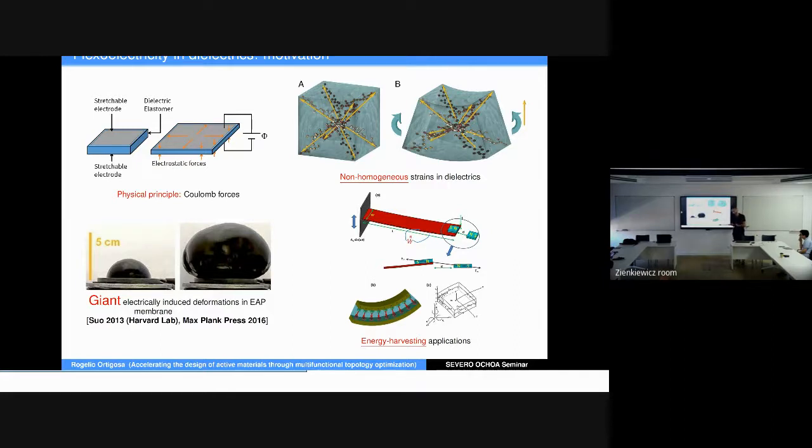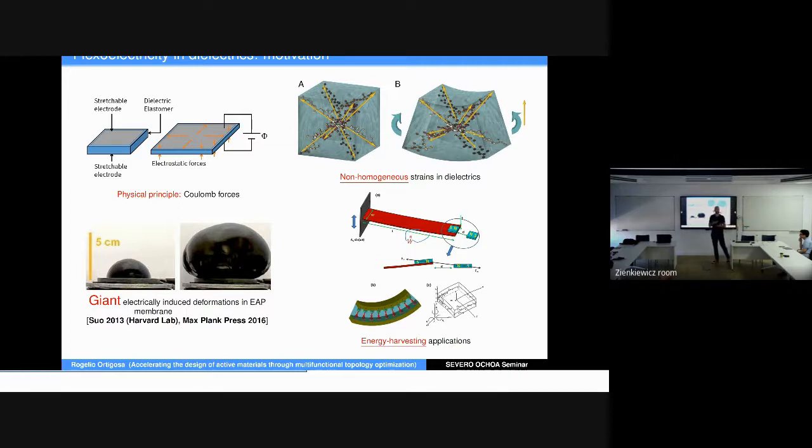But if you go to the micro scale, to length scales which are small enough, if you apply gradients of deformations, essentially bending, torsion, etc., then you can get a net polarization, which means you can get electric field. Okay? And this phenomenon is called flexoelectricity.